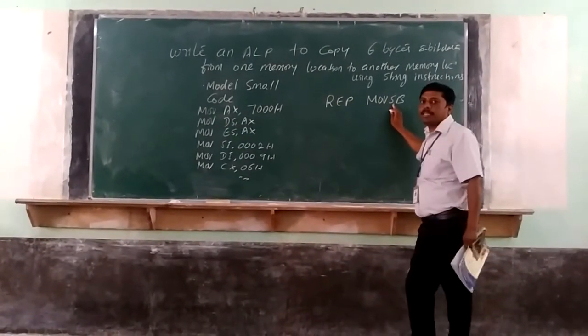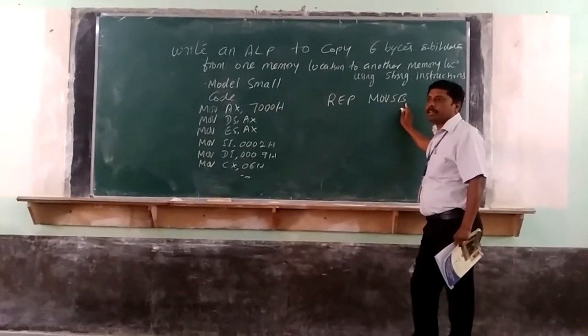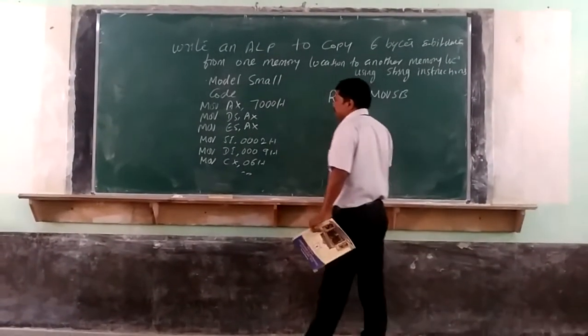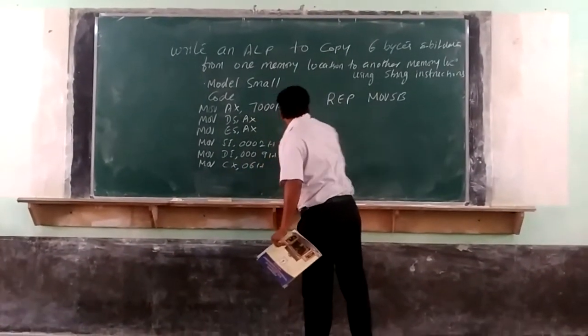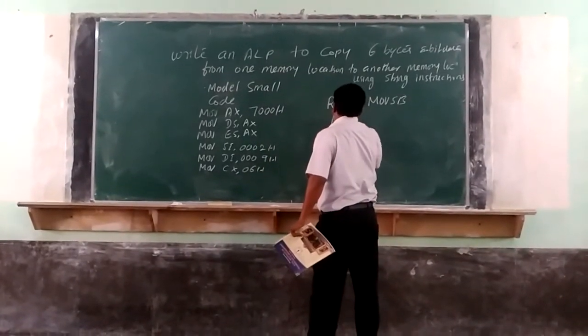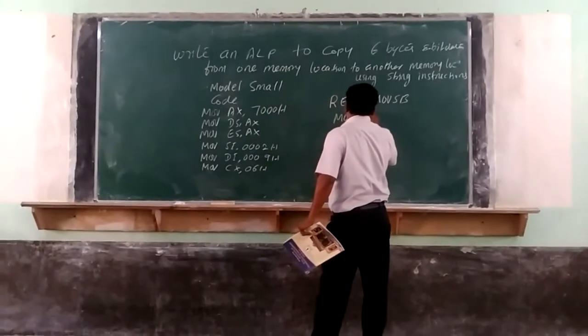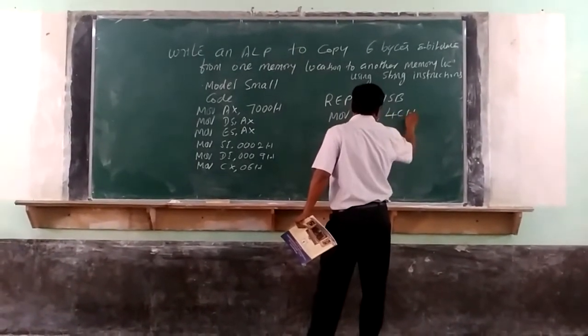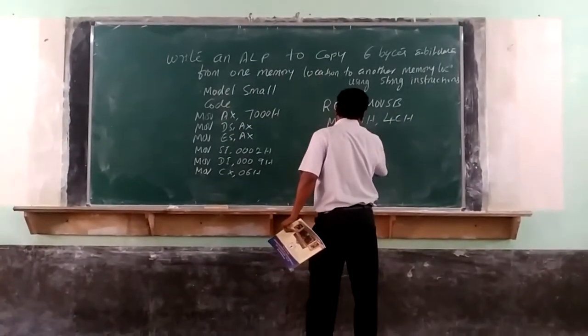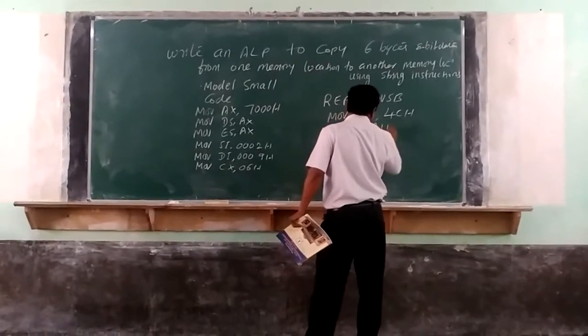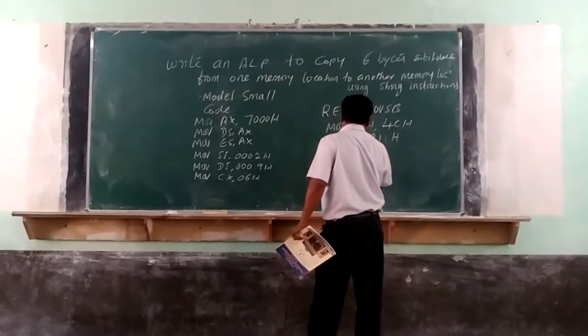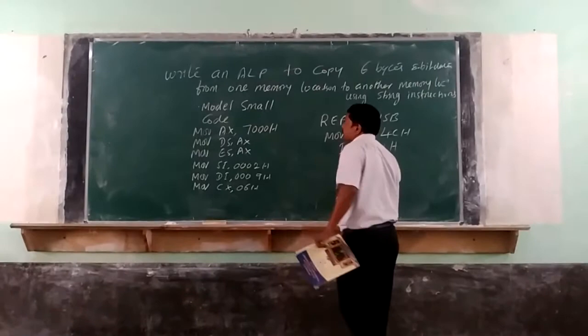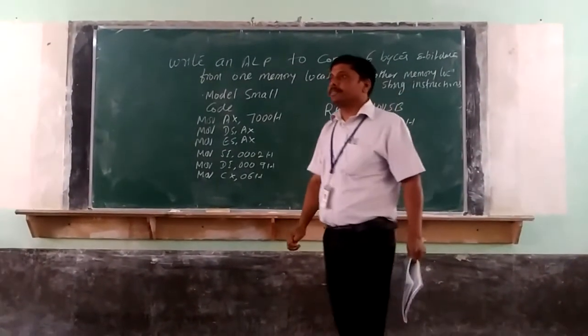S stands for string, B for byte. Then the last instruction is MOV AH, 4CH, INT 21H. Then END. Write down the program.